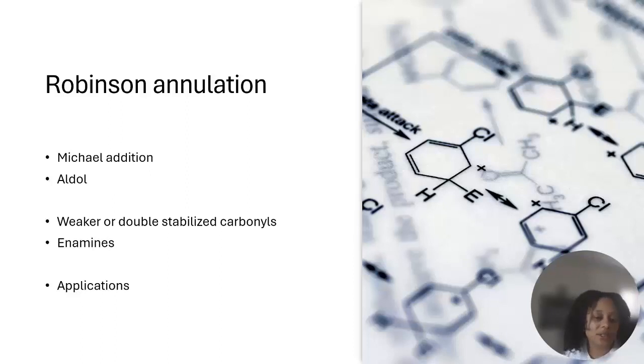Now, here is where it could lower because of the choice of our starting material. So for example, if we start with a ketone, not a double ketone like a dione, but something like a cyclohexanone, well then it is going to need to be converted to something weaker like an enamine.